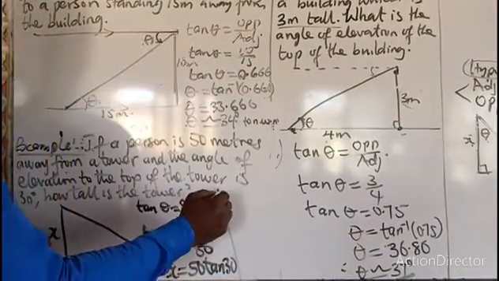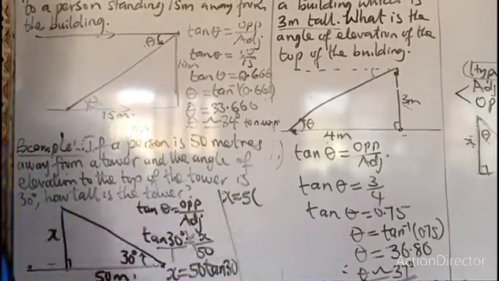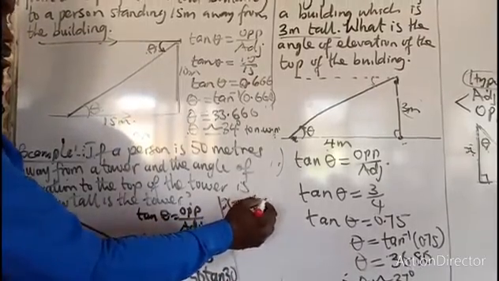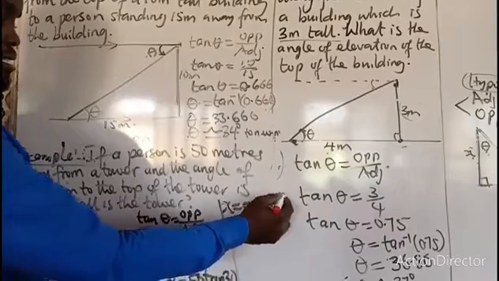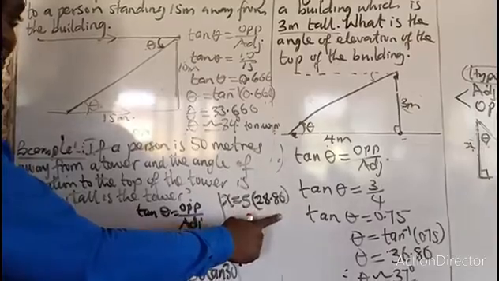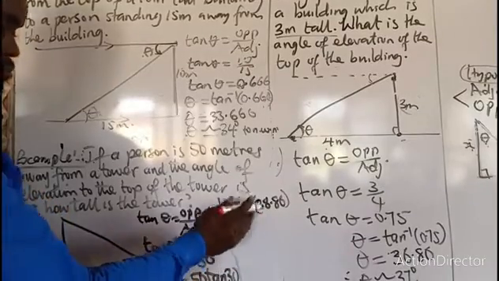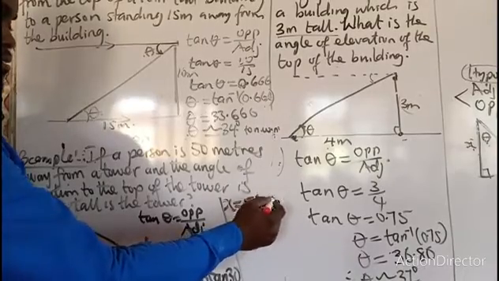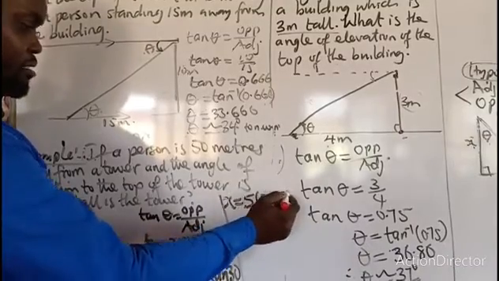Now what is 50 tan 30? So X will be equal to, what is tan 30? On your calculator, you press tan 30. Is it tan 30 or 50 times tan 30? Tan 30 is 0.577.